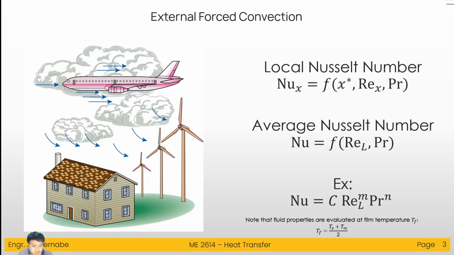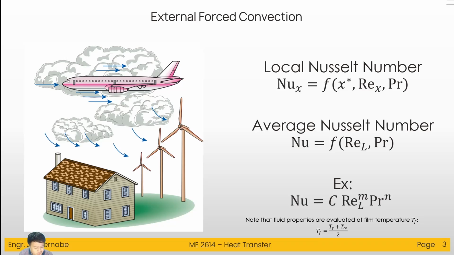For the local Nusselt number, you have this. In general, the Nusselt number is a function of the Reynolds number at this specific point and the Prandtl number. The x star here is usually a non-dimensional number that represents the position of this point.